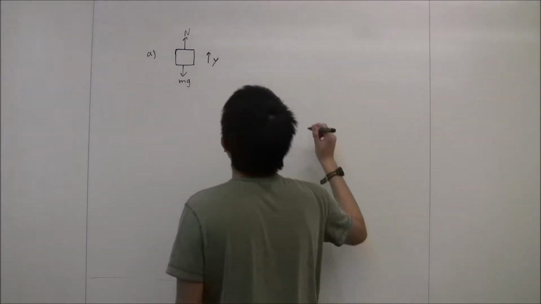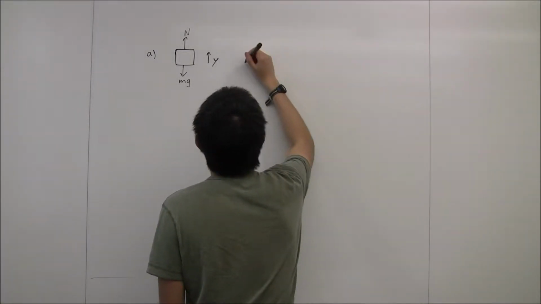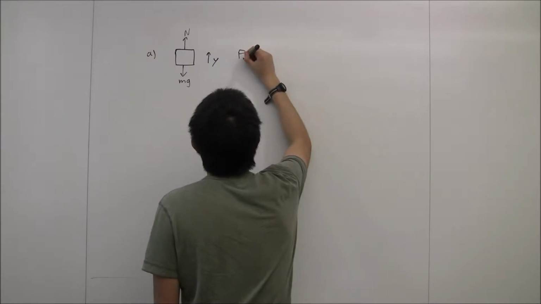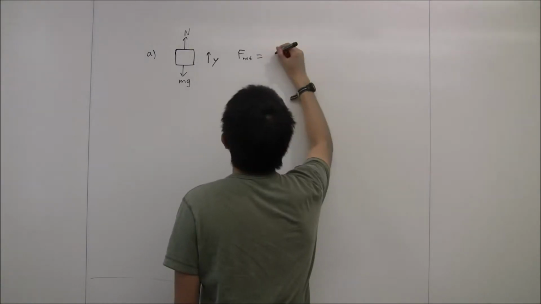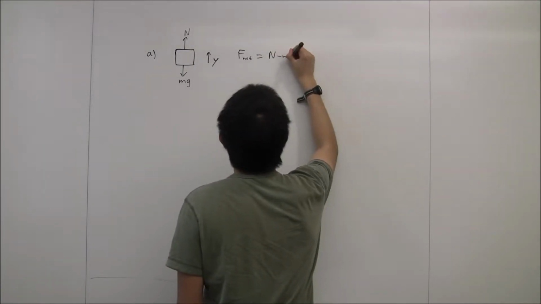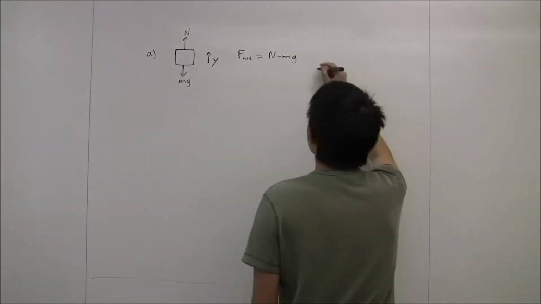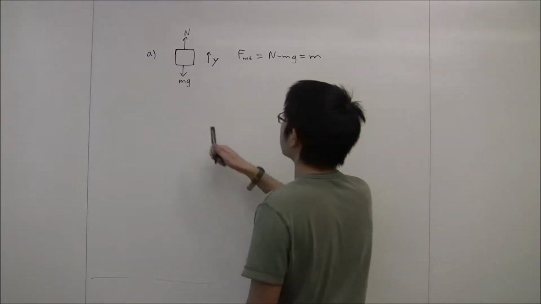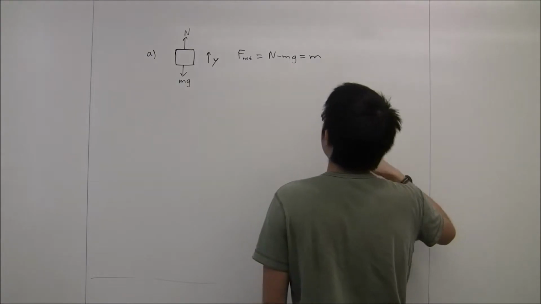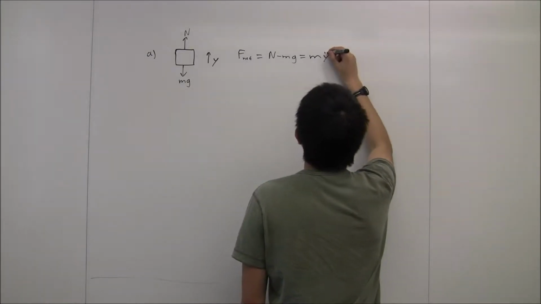By Newton's second law, our equation of motion is: the net force in the y direction, n minus mg, is equal to the mass times its acceleration in the y direction, which is y double dot.